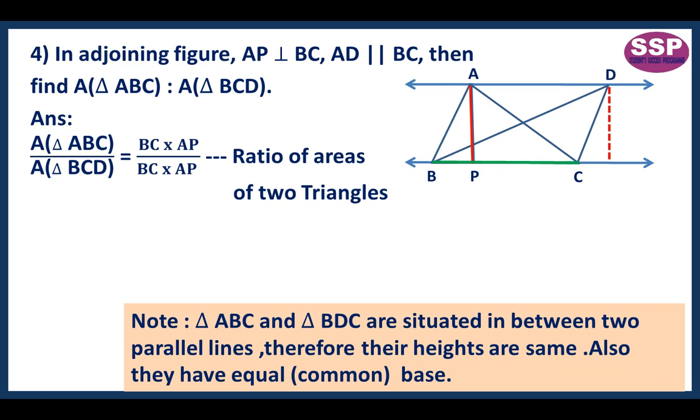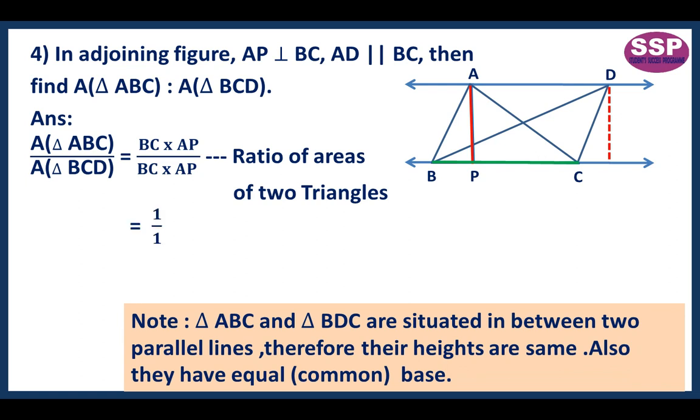Area of triangle ABC upon area of triangle BCD is equal to ratio of product of their corresponding bases and heights. In numerator, for area of triangle ABC, base BC multiplied by height AP. In the denominator, base of triangle BCD, BC multiplied by its height, that is equal to AP.